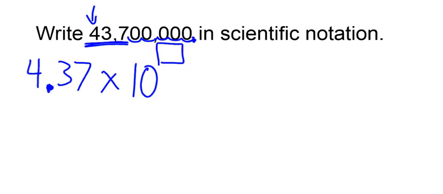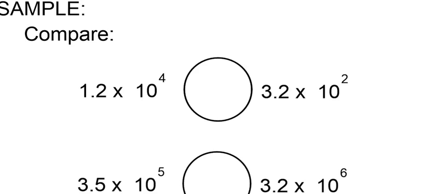So let's start over. 1, 2, 3, 4, 5, 6, 7. We actually had to move it 7 places so that the decimal is right there. So we can't forget those decimal places when moving it over. Don't forget those decimal places. All right? And so in the end, we come up with an answer of 4.37 times 10 to the 7th.